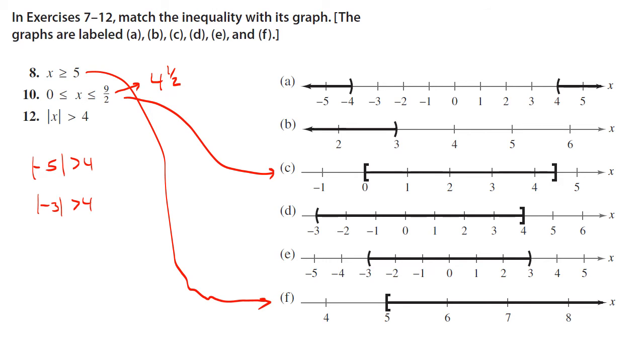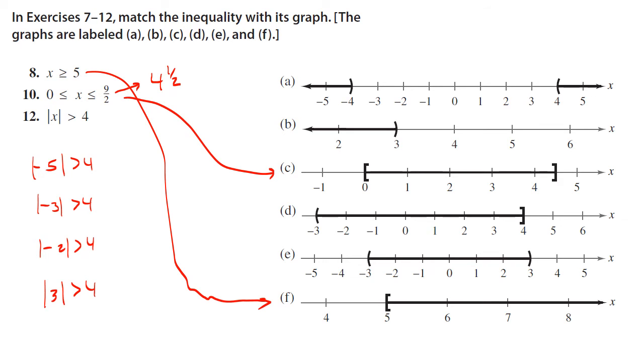So -3, what is the absolute value of -3? 3. Okay, 3 is going to be greater than 4? I don't think so. That's a no. Okay, -2. The absolute value of -2 is 2, is 2 greater than 4? I don't think so.